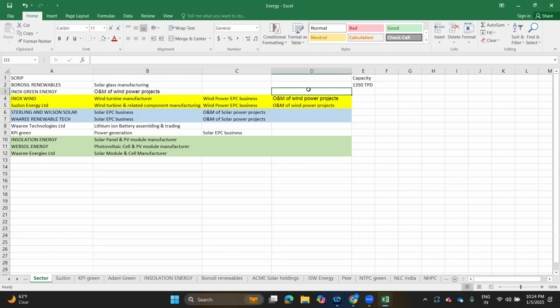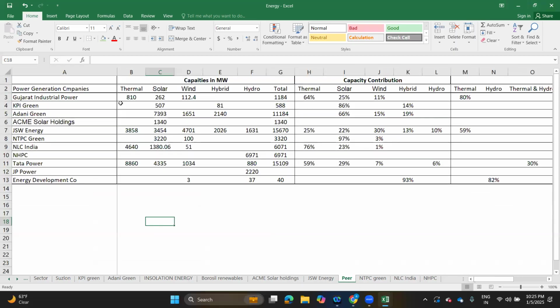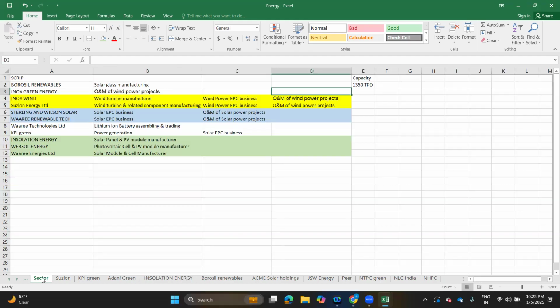So I have prepared a list. I'll come to this later, where I made a comparison of capacities and contribution of the capacities, their revenue, segment revenue, all those things.